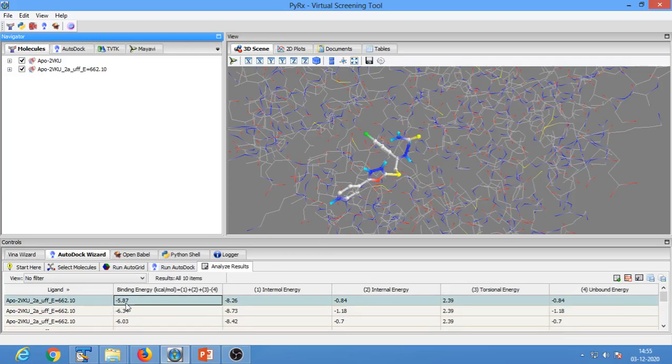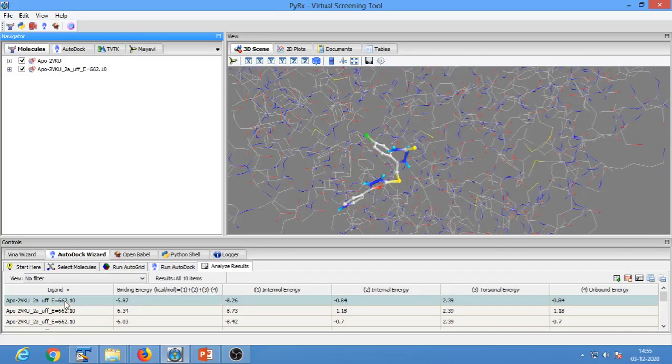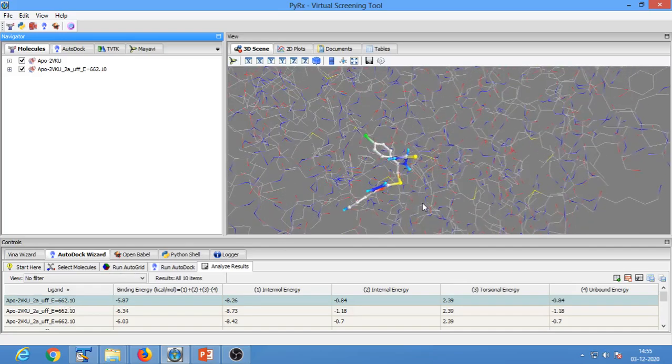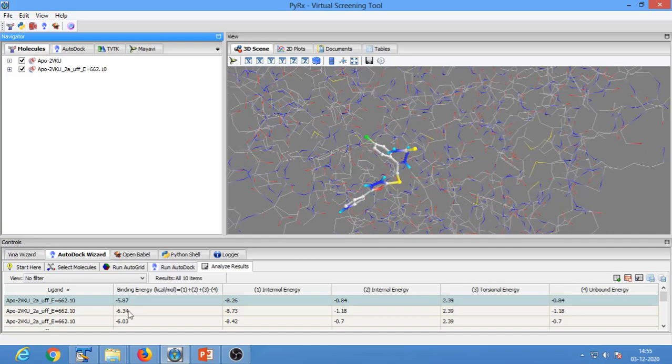So the lower the binding free energy, that means that particular pose has greater binding affinity towards the given protein. Okay, so you can see over here, when the ligand orients itself in this particular pose, the binding free energy for this pose is minus 5.87 kilocalorie per mole.